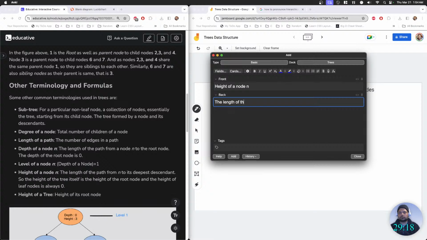Height: the length of the path from n to its deepest descendant.